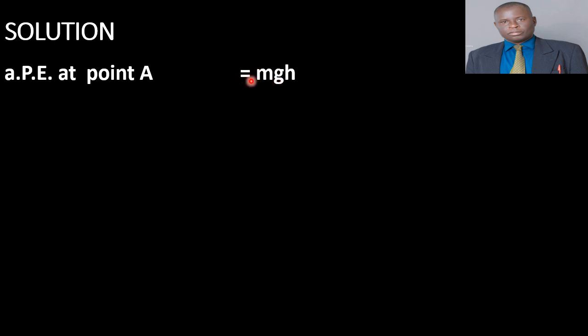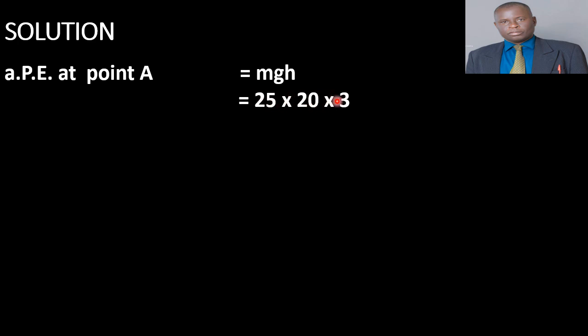Remember, potential energy is calculated as work done against gravity, which is mgh: mass times gravity times height. So substituting the mass, we are told that the mass is 25 kgs and the height is 3 meters.